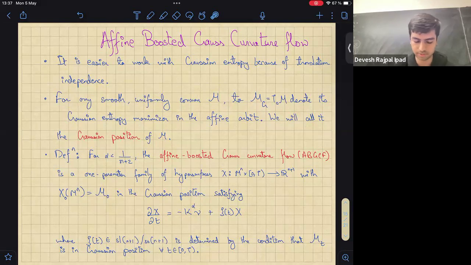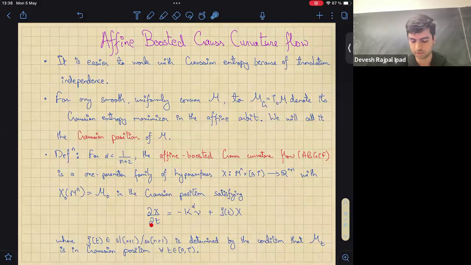Leveraging this, we can define the affine boosted Gauss curvature flow. So which states that for sub-affine powers, for alpha less than 1 over n plus 2, the affine boosted Gauss curvature flow, abbreviated as ABGCF, is a one-parameter family of hypersurfaces with the initial hypersurface in the Gaussian position, and it will satisfy an almost Gauss curvature flow.